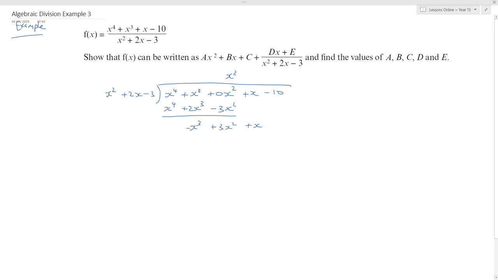So what do I do to x squared to give me minus x cubed? Multiply it by minus x. Minus x times x squared is minus x cubed. Minus x times 2x is minus 2x squared. And then minus x times minus 3 gives me plus 3x.